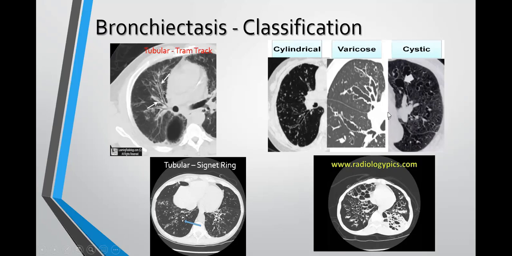And then, of course, the cystic or the sacs is just like a tube with a sac at the end. That is cystic, the most severe. This one over here, these are sacs. They look like holes all in the lungs. These are cystic or saccular bronchiectasis. You need a lung transplant when you get that bad.